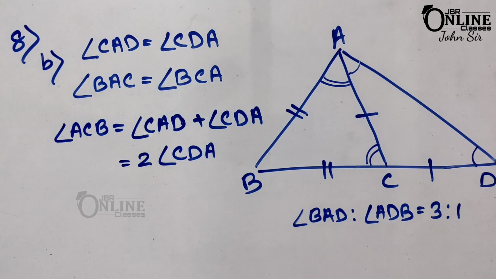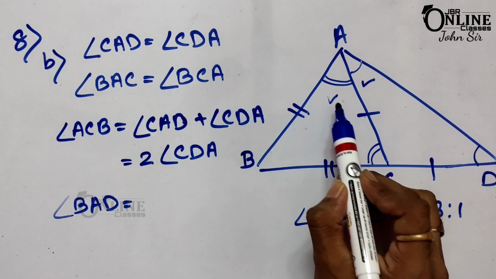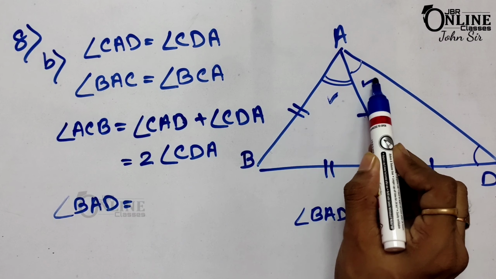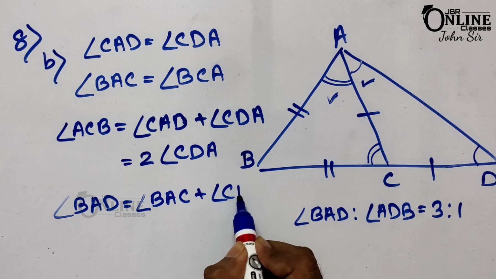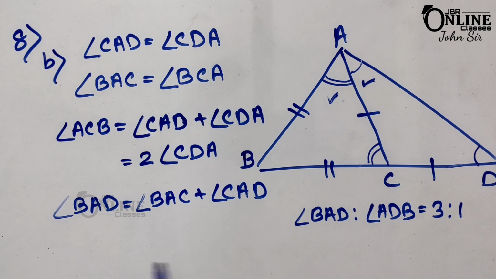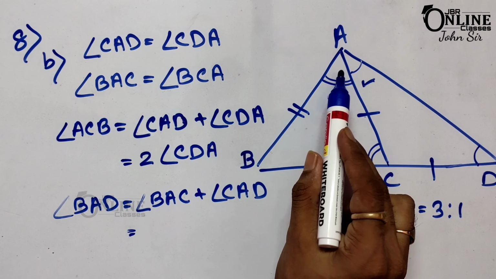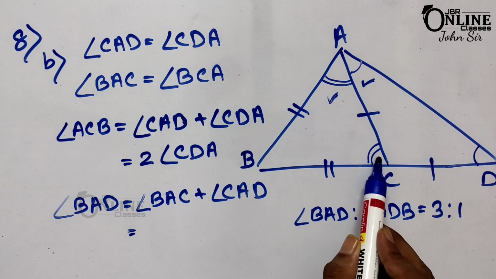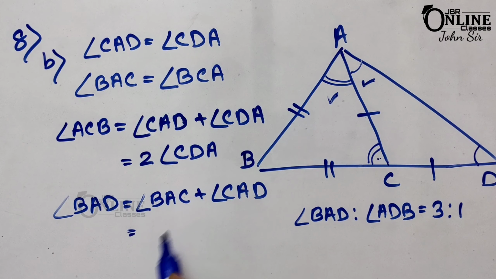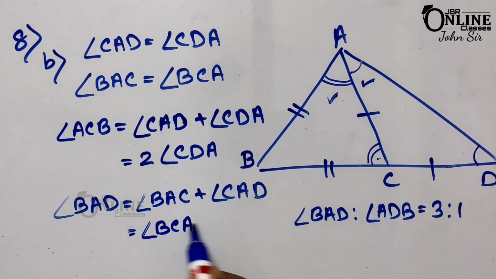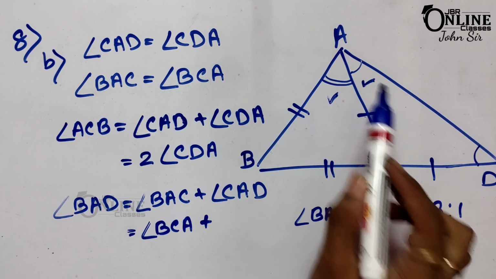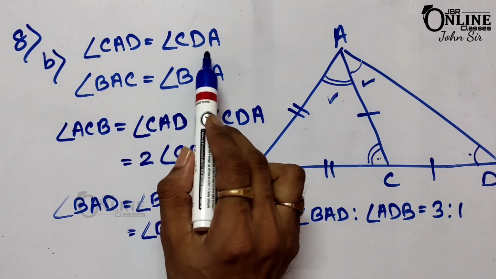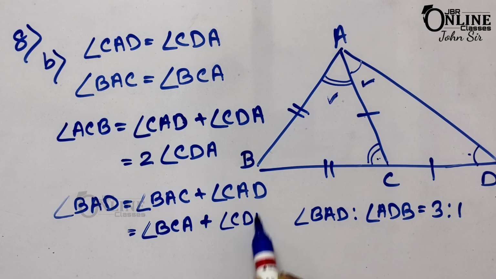Now here angle BAD means this one. So angle BAD will be equal to the addition of this angle and this angle. So you can write BAC plus CAD. As BAC is equal to this angle, BAC means BCA. So you can write BCA plus CAD, and CAD is equal to angle CDA.